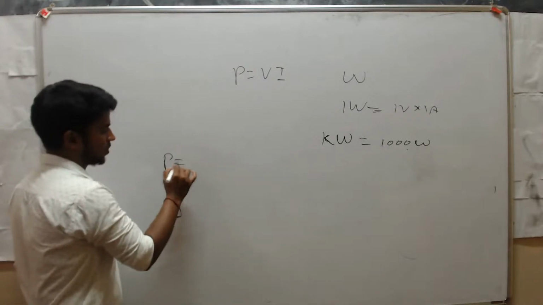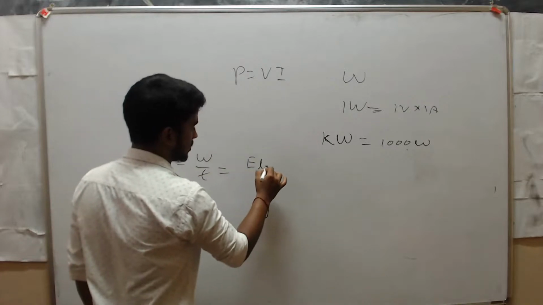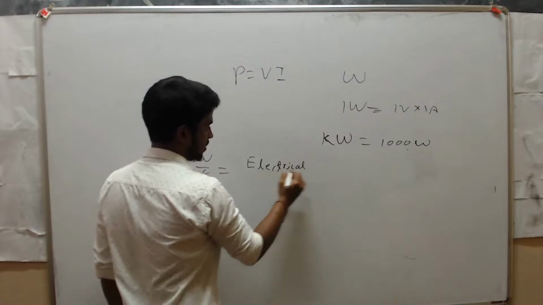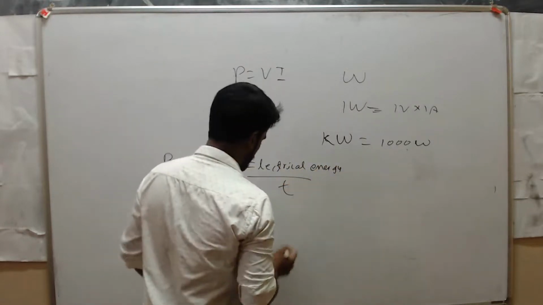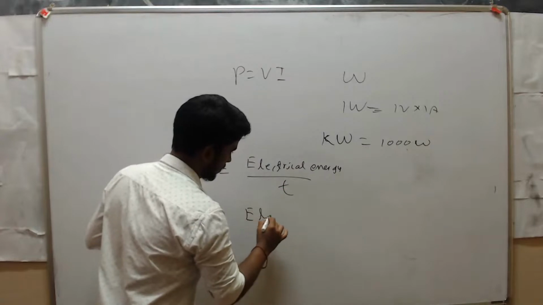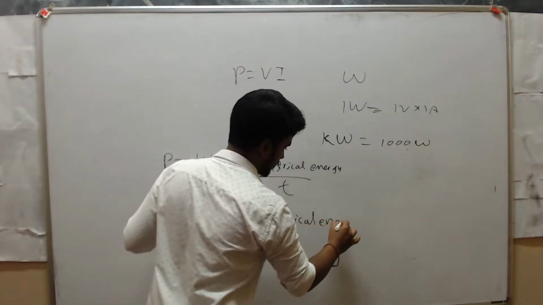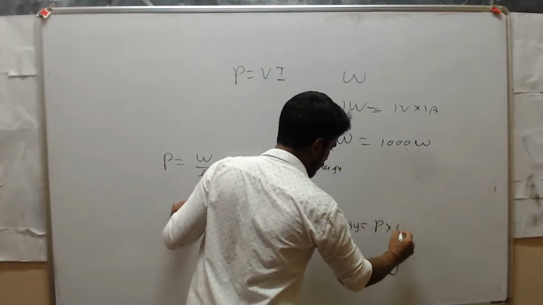Power P is equal to work done divided by time, so electrical energy is equal to power into time.